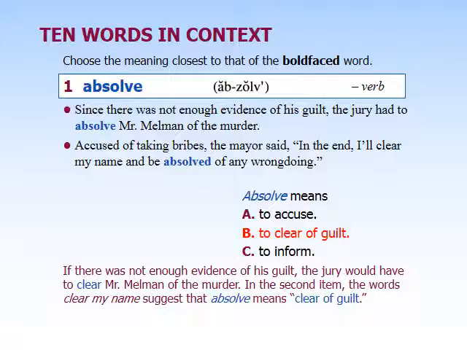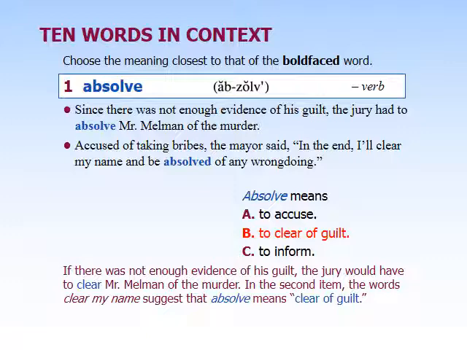Basically what absolve means is that you have been accused of doing something wrong. That thing that you did wrong could be a crime. So in the first example, the crime the person was accused of was murder. But it could also be that you're accused of just doing something wrong, say cheating on a test.